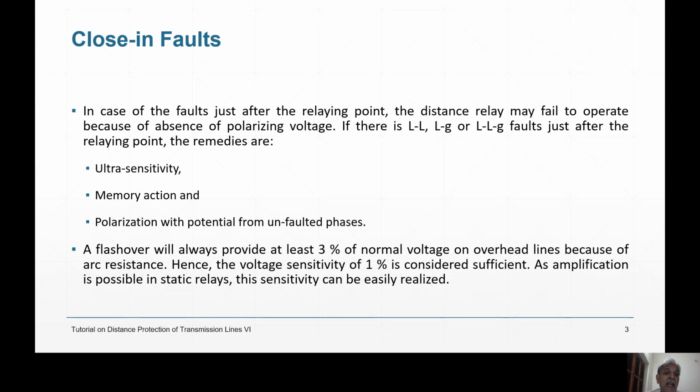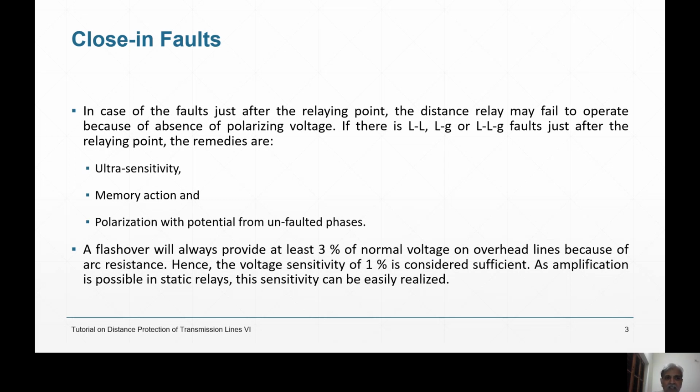Another remedy is memory action. You memorize the voltage before the fault. It was full voltage, so full voltage upon the current. No doubt, impedance is wrong, but the relay was otherwise not operating. Now it will operate.